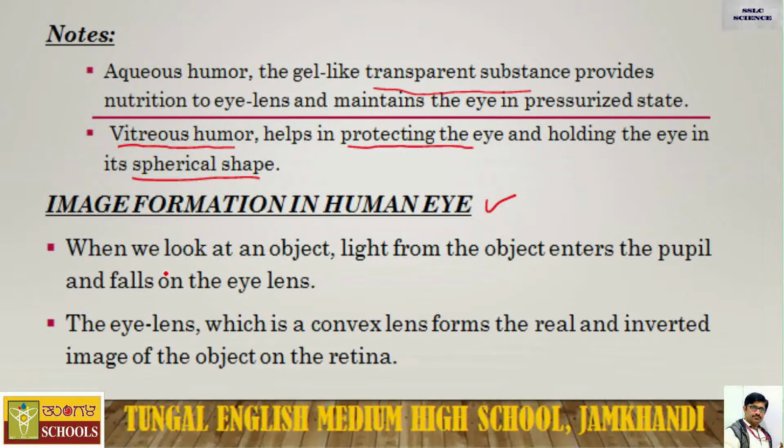Whenever you are looking at an object, the light coming from that object, or its reflection, enters the pupil and falls on the eye lens.